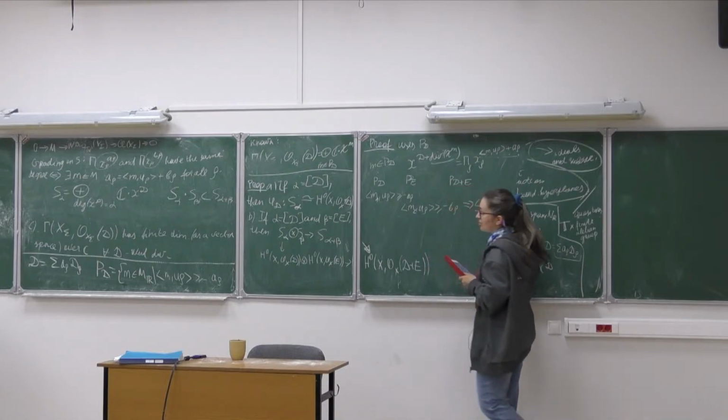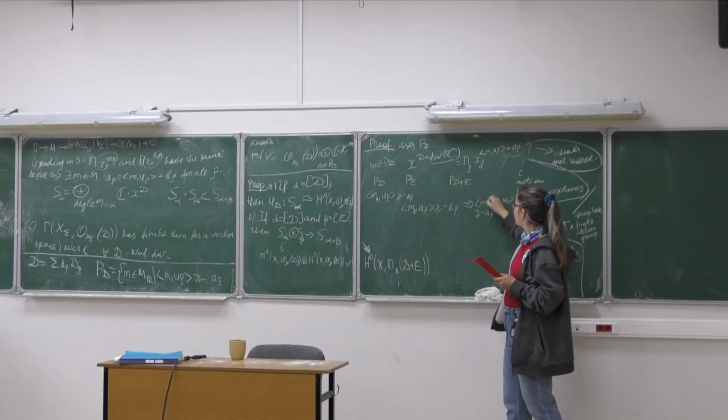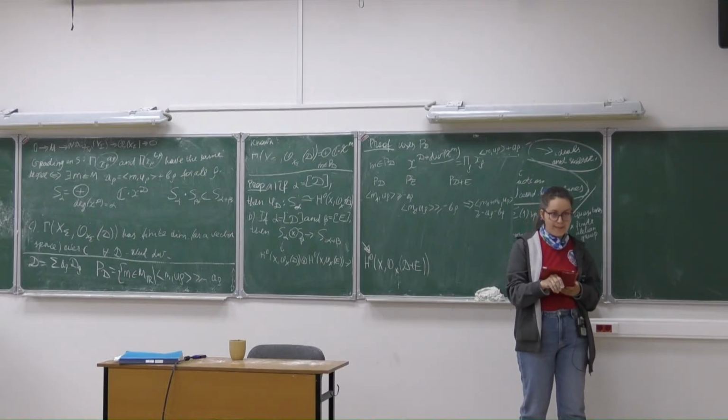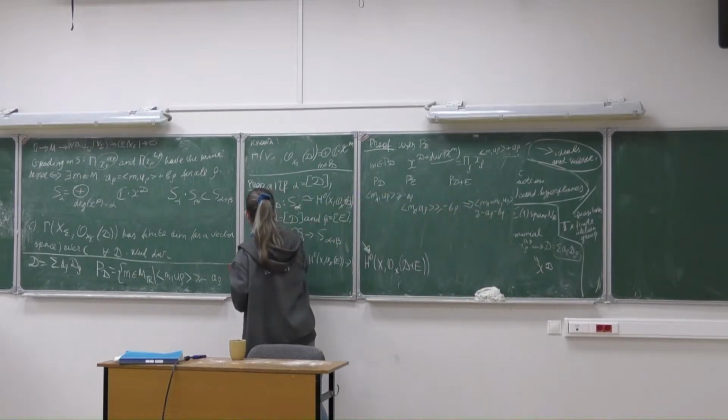This stands for the sum of two divisors, and this stands for the product of the corresponding monomials. And so I have explained this commutative diagram.